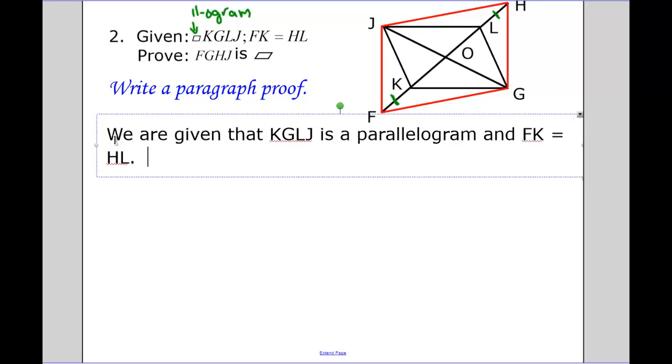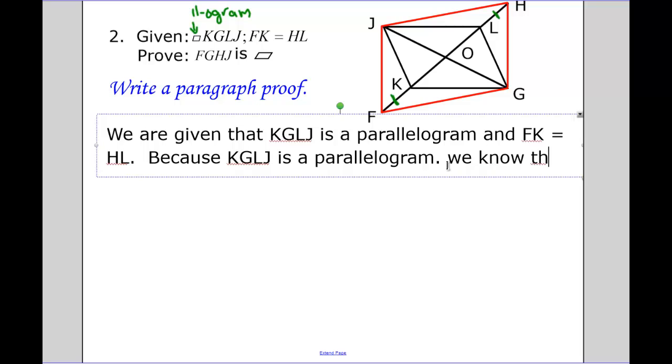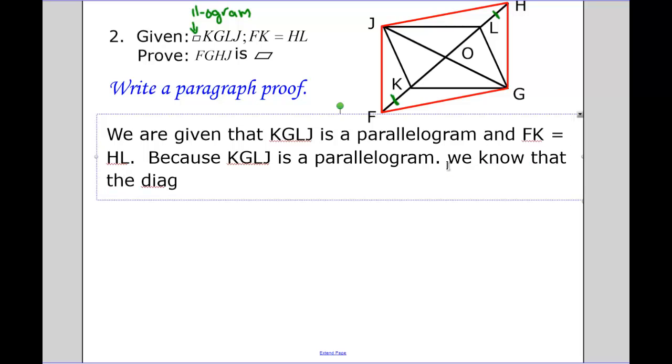Okay, because KGLJ is a parallelogram, we know that the diagonals bisect each other.